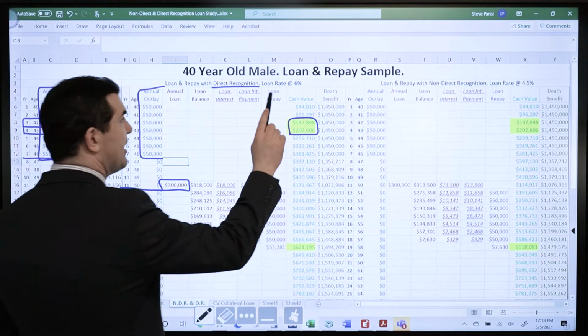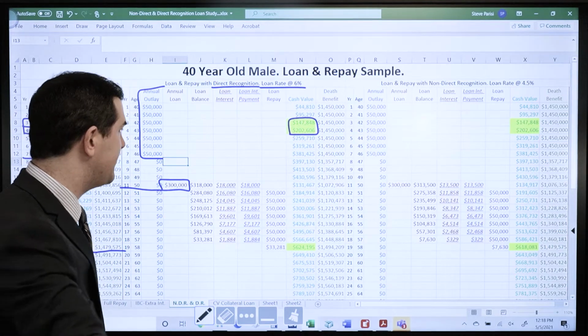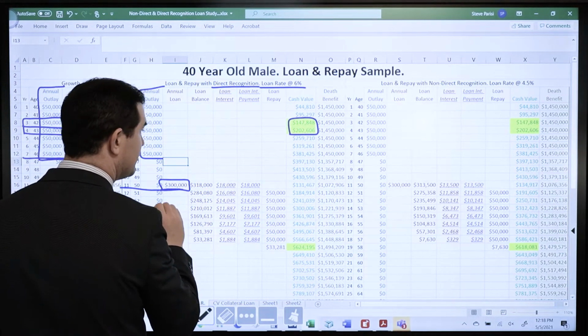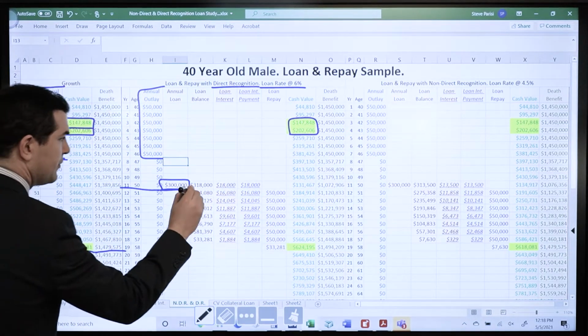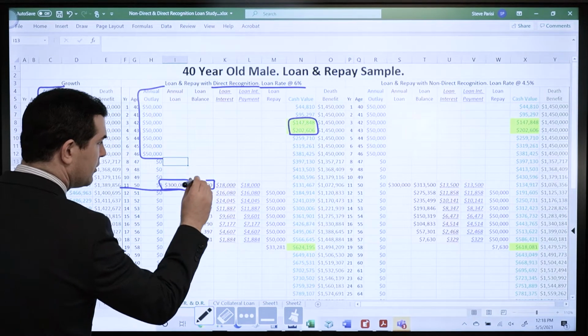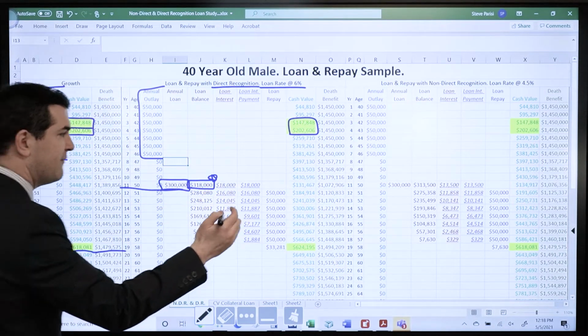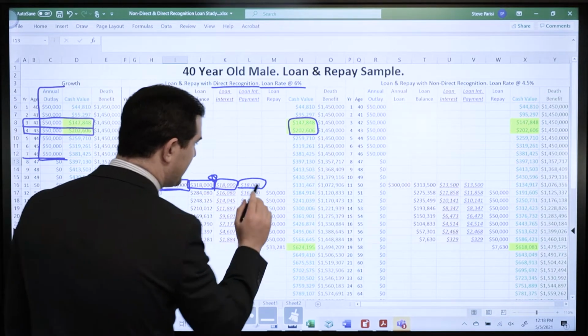The loan interest rate with the direct recognition contract option is 6%. So what happens here? Pulls out $300,000, makes no payments other than interest in the first year, grows to $318,000. That's 6% of the 300. There's the loan interest. Here's my loan interest payment.